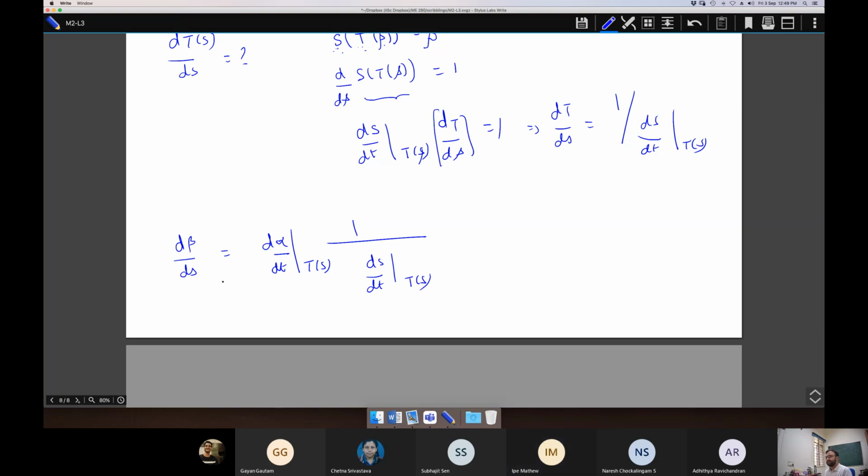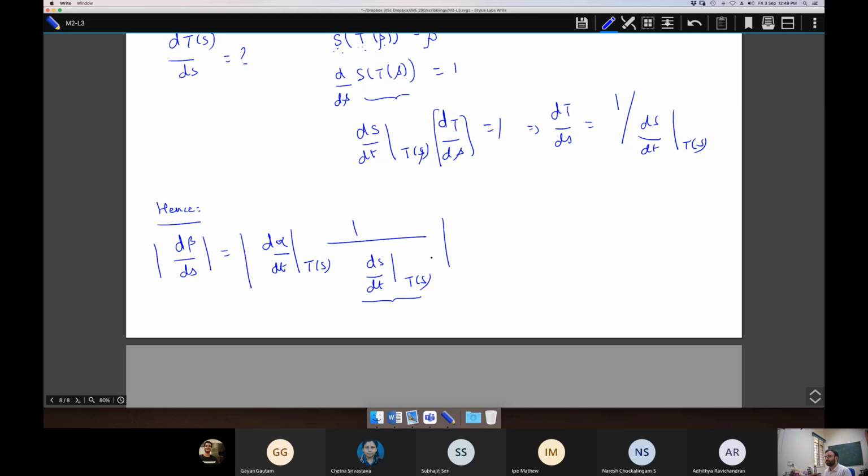Is this a scalar or a vector relation? Vector, so I can take the magnitude on both sides. Is this positive or negative or not known?